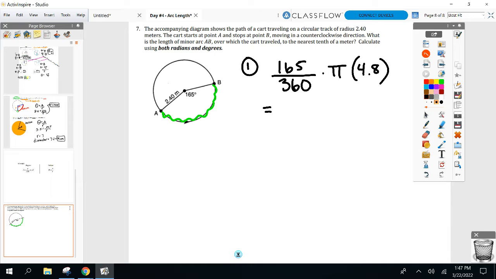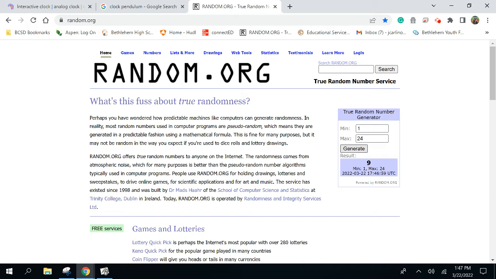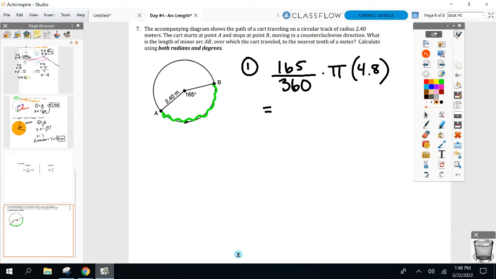I actually don't have this answer, so I'm going to have to rely on somebody. 6.9 meters. That is correct. I remember that from second period.